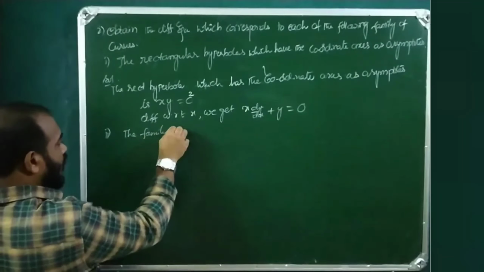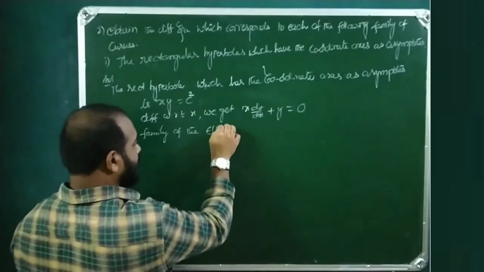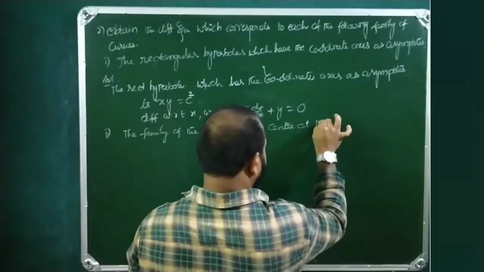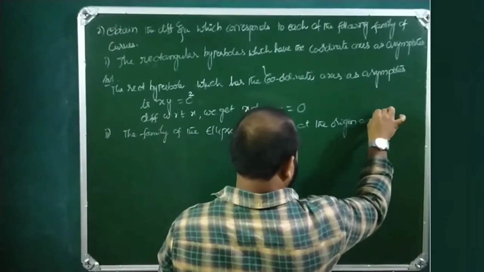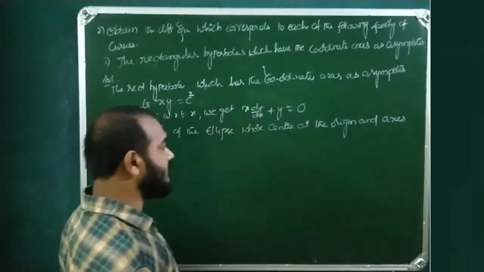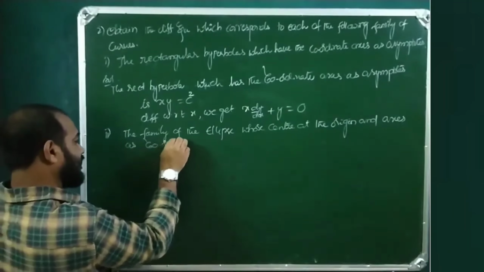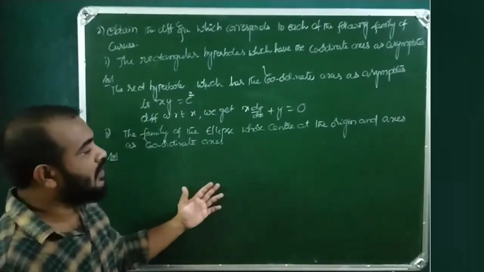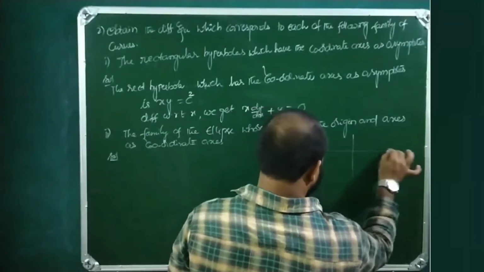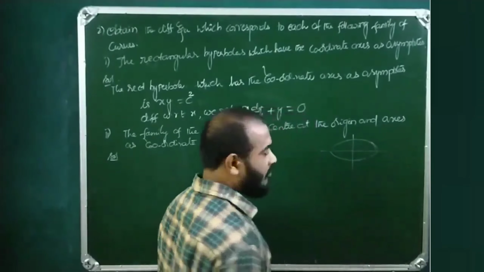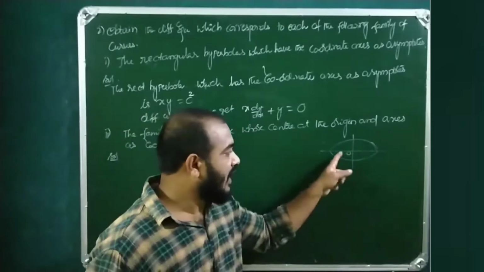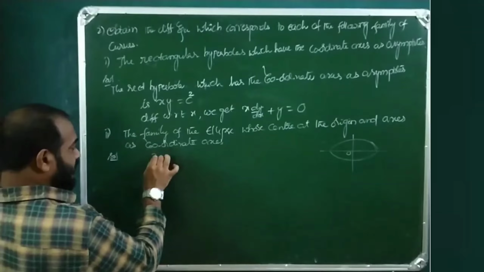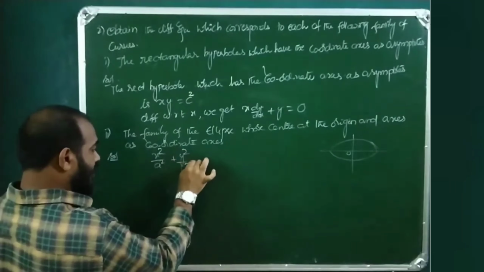The next question is the family of ellipses whose center is at the origin and axes as coordinate axes. So this is the family of ellipses whose center is at the origin, with major axis the x-axis and minor axis the y-axis: x square by a square plus y square by b square equals 1.